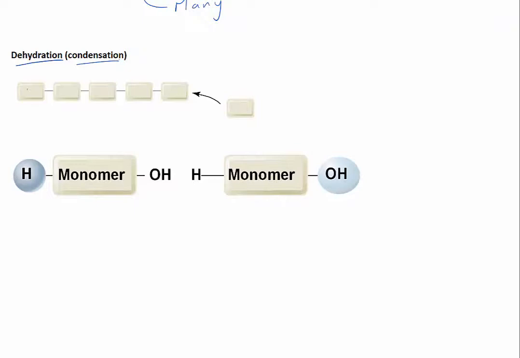So here is a chain of monomers that have all been linked together in dehydration reactions, and here is another monomer that's just about to link onto the end of that polymer in a dehydration reaction. So in a dehydration reaction, an enzyme removes an OH, or a hydroxyl group, from one molecule and a hydrogen atom from another molecule.